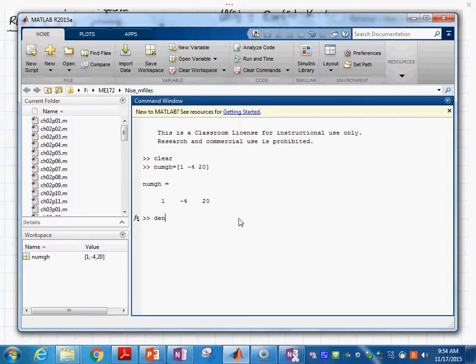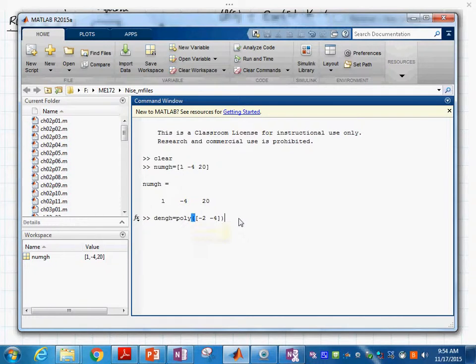So I got the numerator as a polynomial, but the second one is in factors. So I am going to say the denominator of the transfer function is a polynomial of factors whose roots are, in this case, -2, right? And the other root is going to be -4.